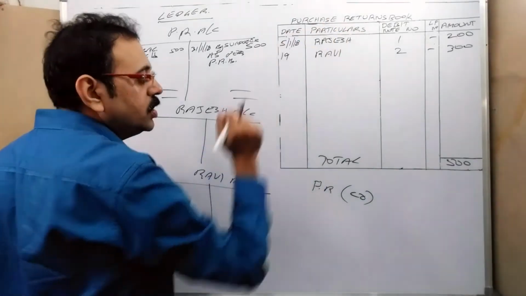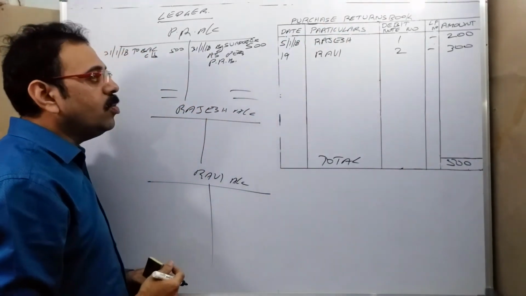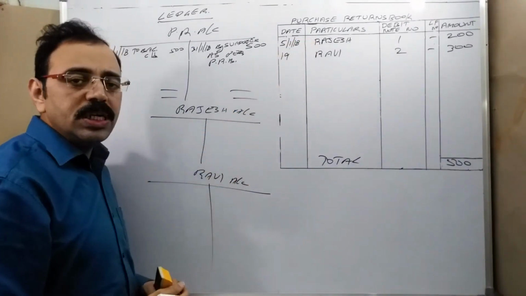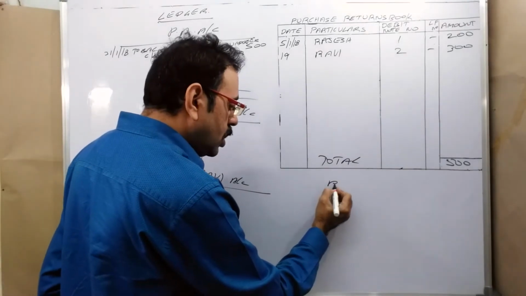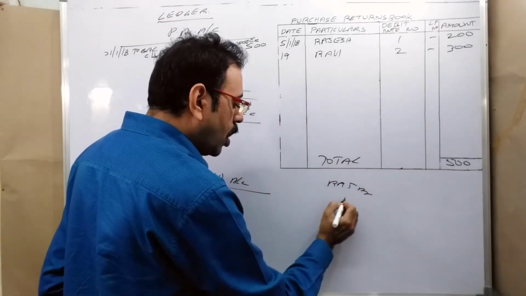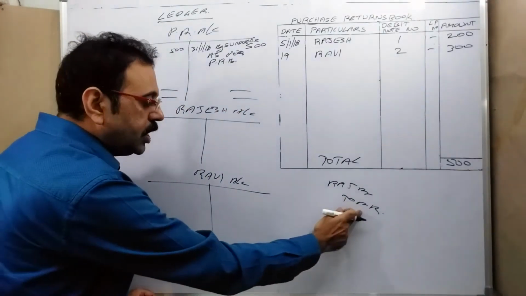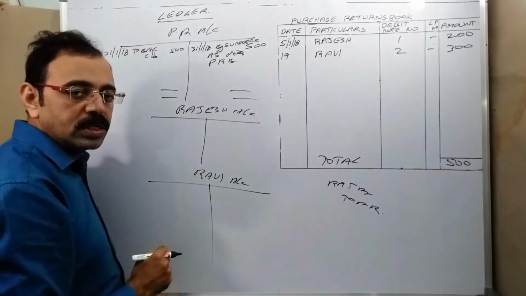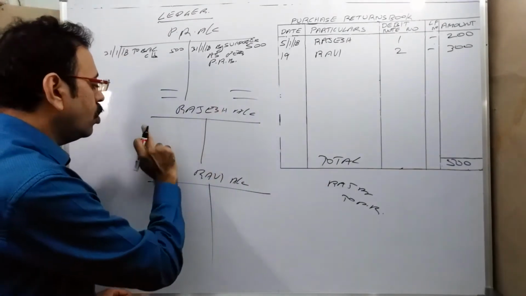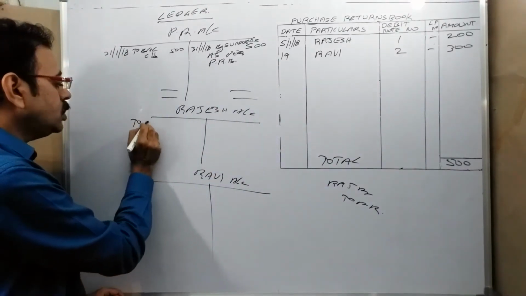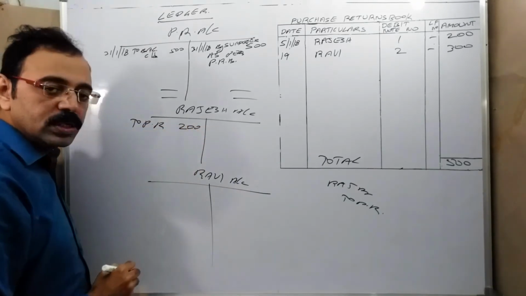And in individual accounts, how to post these transactions? First one, Rajesh. Goods returned to Rajesh. What is the entry for this? Rajesh account debtor to purchase returns account. In purchase returns account, we posted this on the credit side. Rajesh is in debit, no? So in Rajesh account, on the debit side you have to post purchase returns 200 rupees.